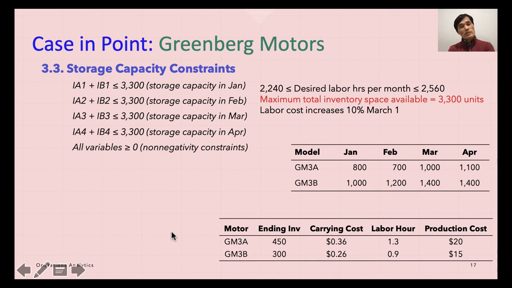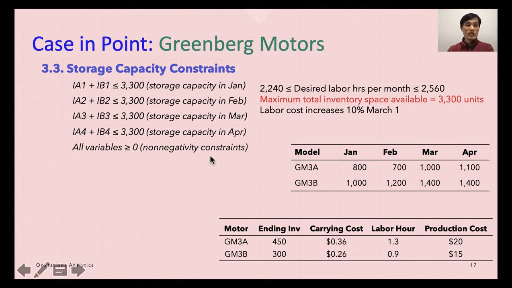Now, the third thing is storage capacity. We learned that maximum total inventory space available is 3,300 units, and therefore, at all time, the carrying number of inventory should be less than or equal to 3,300.